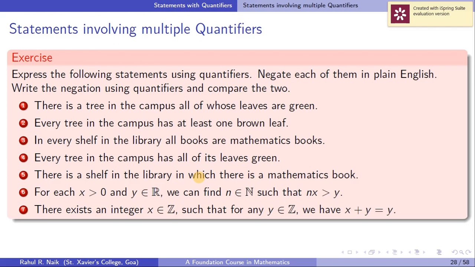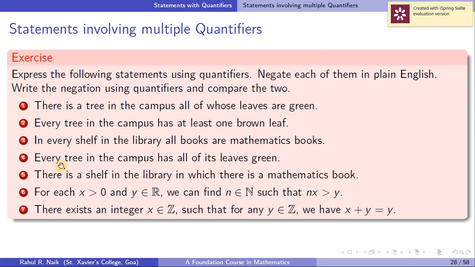Now here are some mathematical as well as non-mathematical statements for you all, which include more than one quantifier. I expect you all to solve this exercise. I would stress the fourth example, wherein both the quantifiers used are universal.